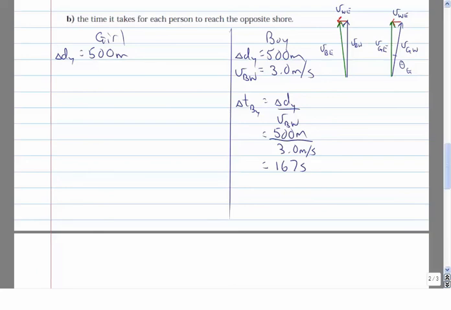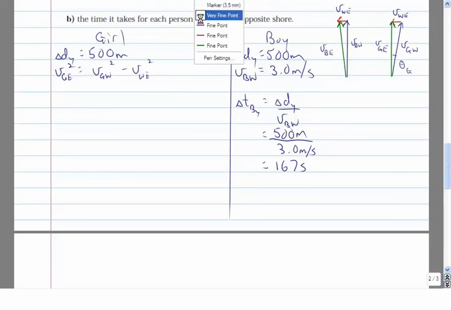So we want to find her velocity in the y direction. It's just going to be that v sub GE in the vector diagram, which if we use Pythagoras and rearrange it, if we square that value, it's going to be her velocity with respect to the water, which we know, all squared, minus the velocity of the water with respect to the Earth, all squared. And of course, if we take the square root of both sides, we end up with her velocity v_GE, which is her y velocity.